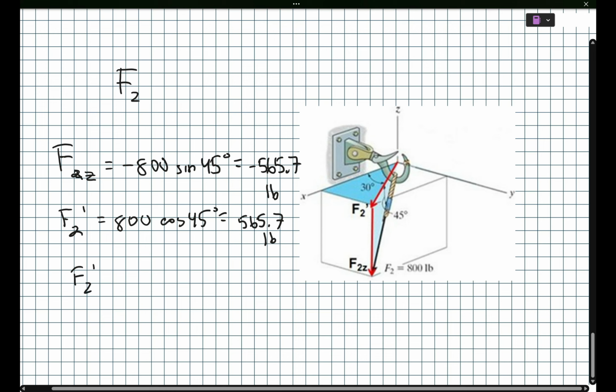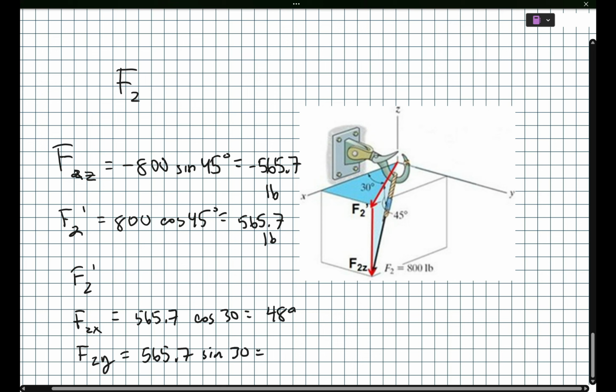So F sub 2 prime, we can further resolve as F sub 2x and F sub 2y. F sub 2x is going to be 565.7 cosine 30, and F sub 2y is 565.7 sine 30. All right, so let's crunch those numbers and see what we get.